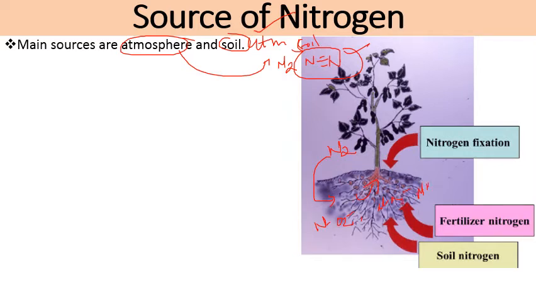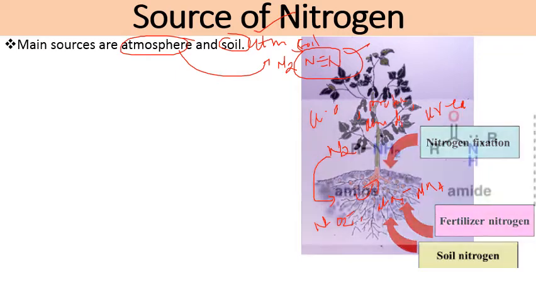It may also be present in organic form, like amino acids, proteins, and in addition amides and urea. So it can be present in both organic and inorganic form in the soil.